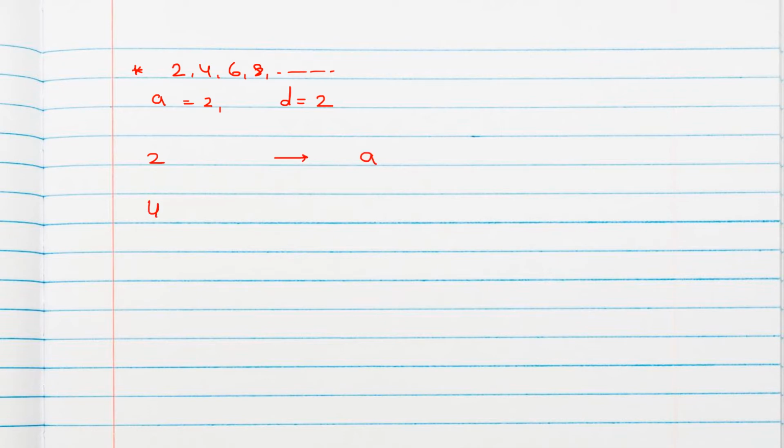The second number is 4, which we get when we add a and d, isn't it? 2 plus 2 will give 4. Now the next number is 6. Using the first term, we can write a and add the difference 2 times, isn't it? 2 and 2 into 2 is 4. So 2 plus 4 means 6.